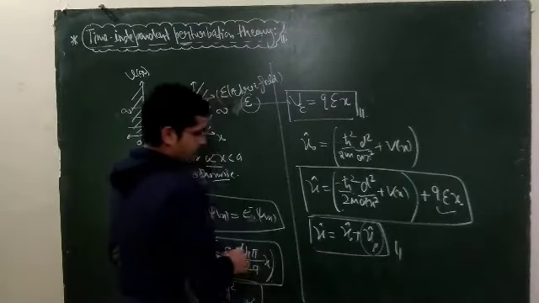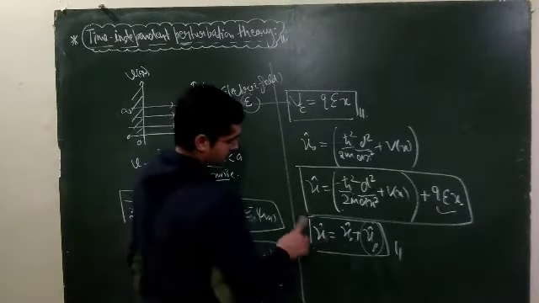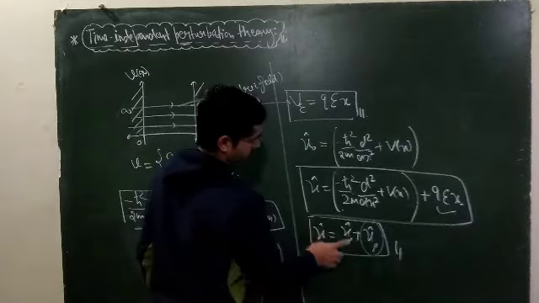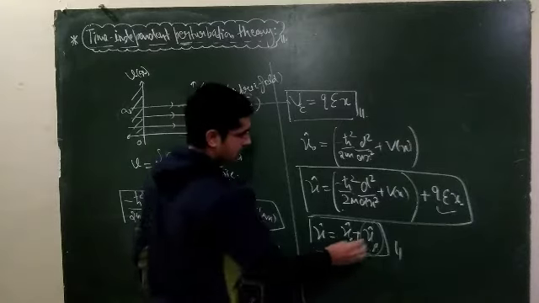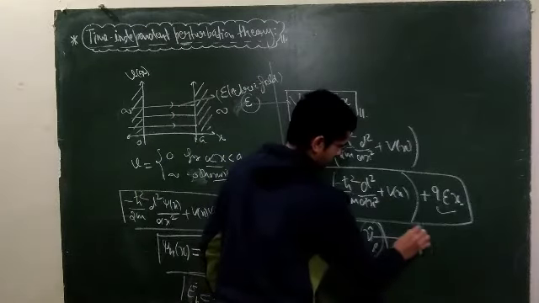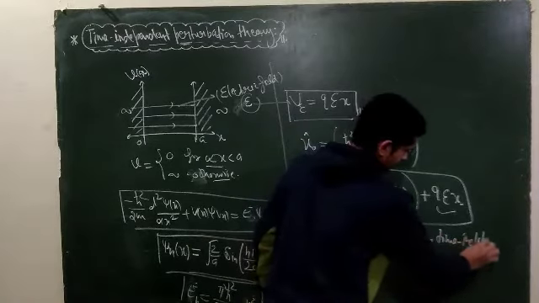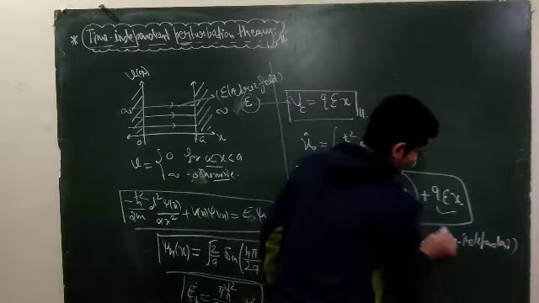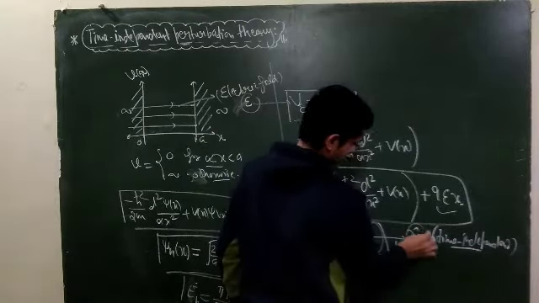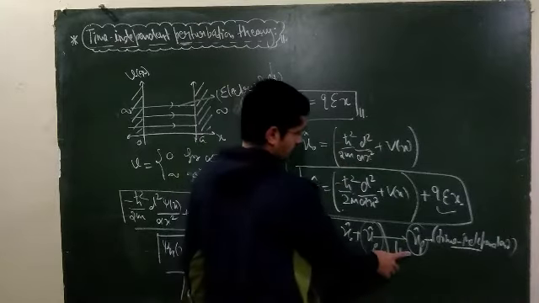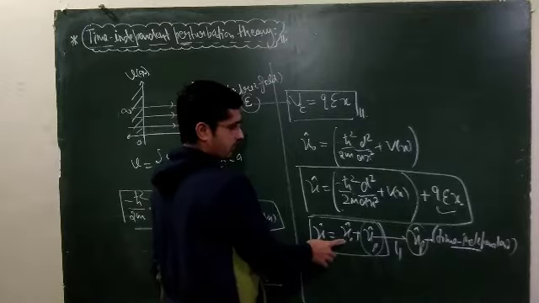We can use time-independent perturbation theory for cases where this Hamiltonian is time independent. That is the first condition. The second condition is that its effect must be very small in comparison to the effect of the unperturbed Hamiltonian.